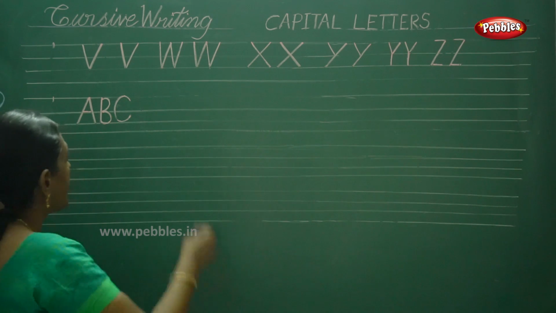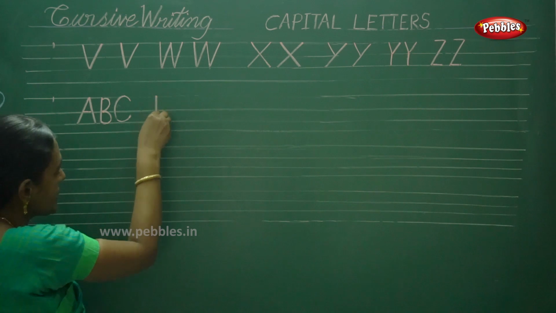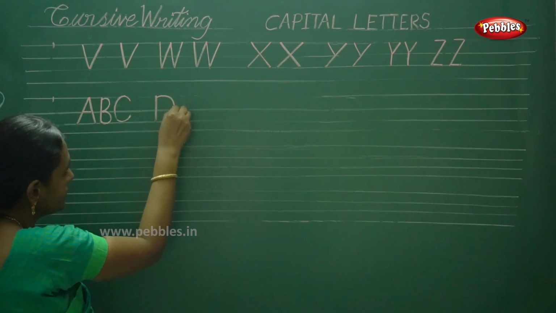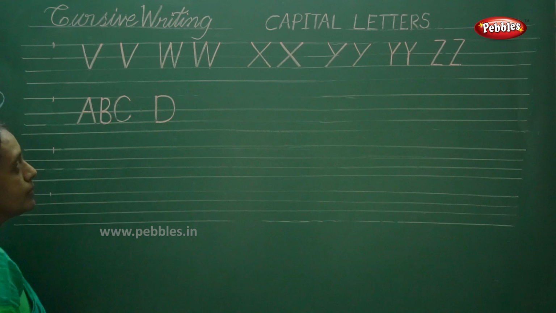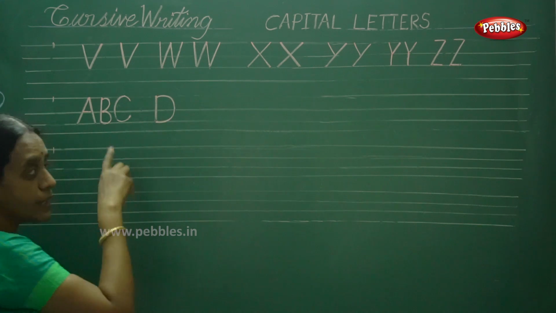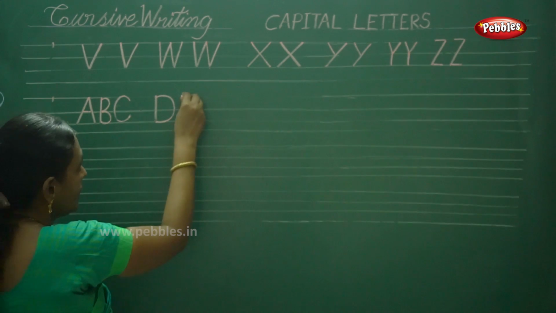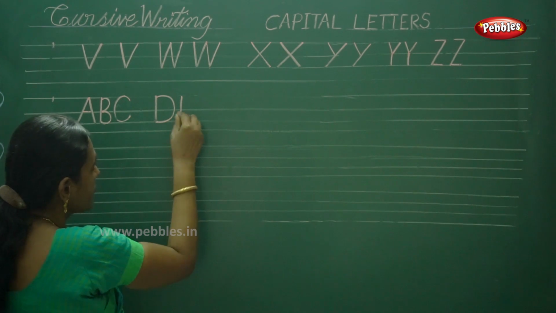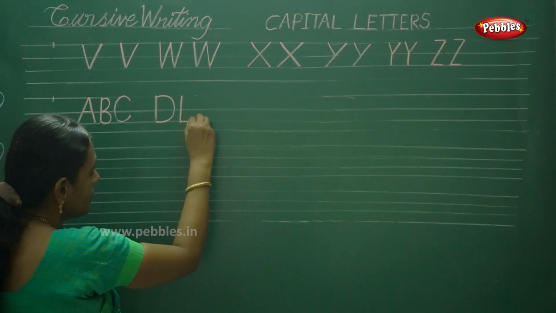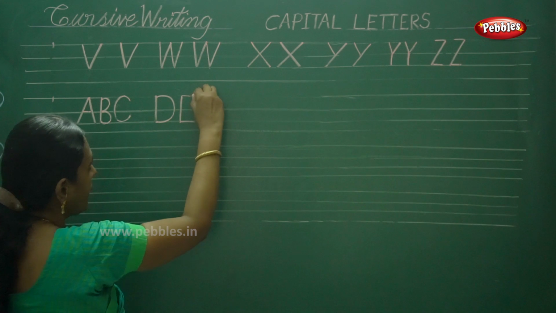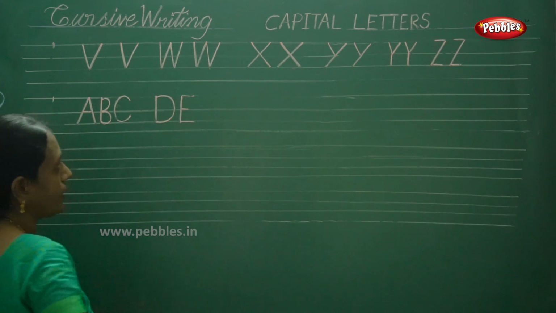Okay children, then next one is D, that is a straight line and a big right curve, followed by E: a straight line, a steeping line, another steeping line, and a middle short steeping line.